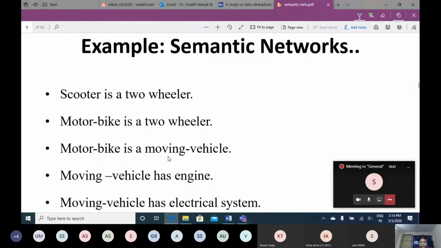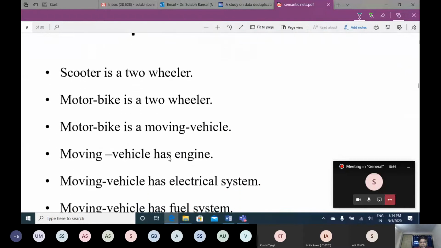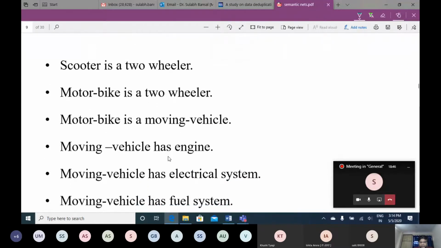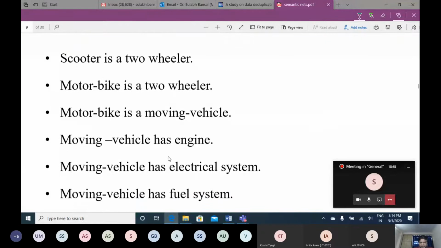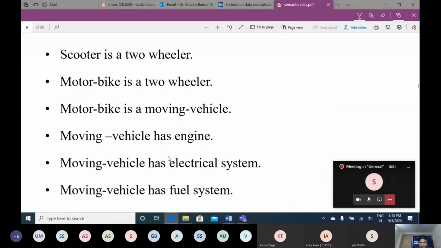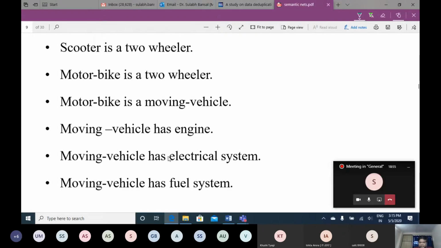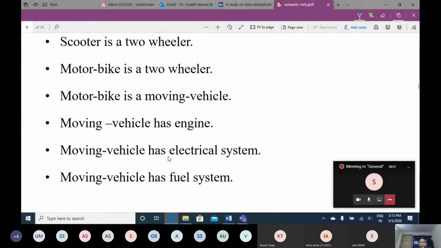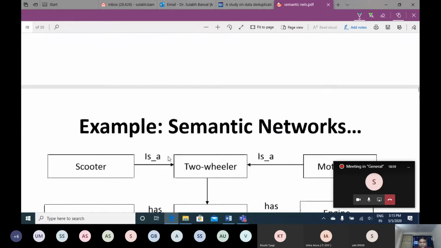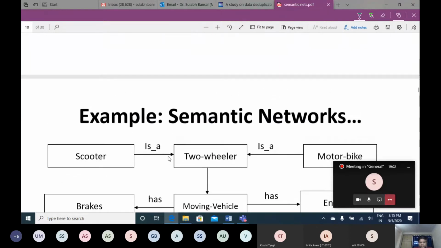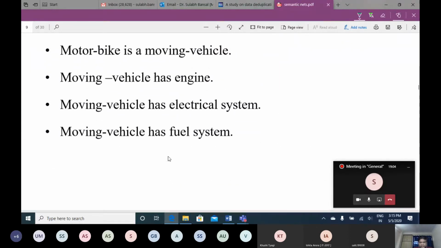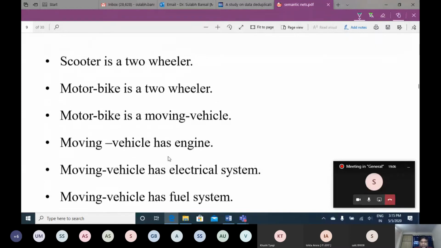Then another example: scooter is a two-wheeler, motorbike is a two-wheeler, motorbike is a moving vehicle, moving vehicle has engine, moving vehicle has electrical system, moving vehicle has fuel system. If you want to represent this knowledge in a semantic net, how will you do it? You first have to identify objects and classes. Scooter is one object, class or entity, or a node.